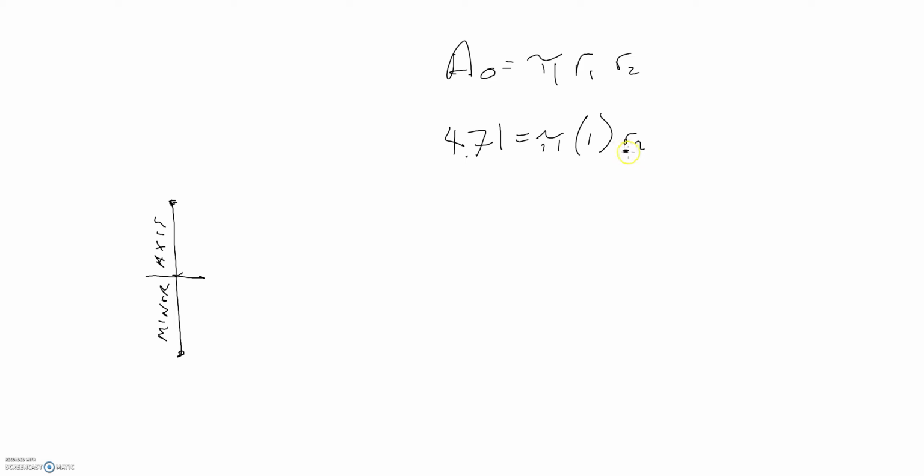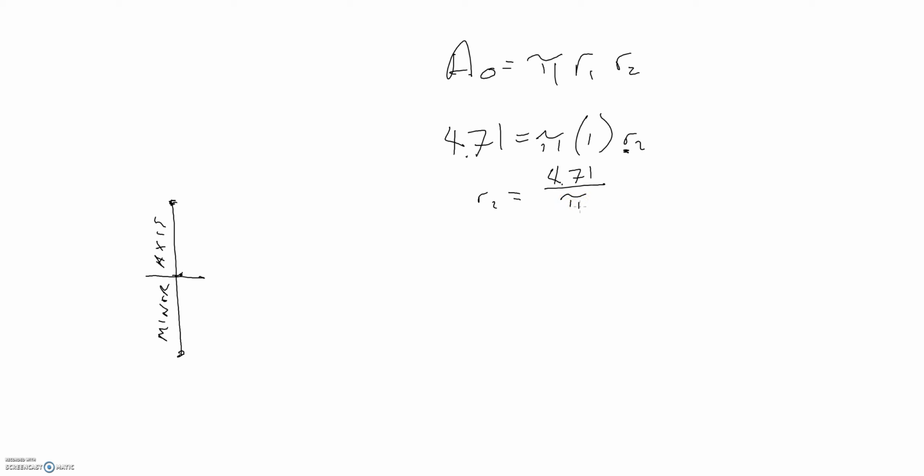And again, r stands for radius. That's from the center going out somewhere. All right, so r2 is equal to 4.71 all over pi.